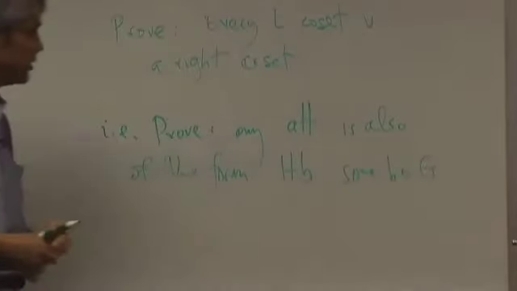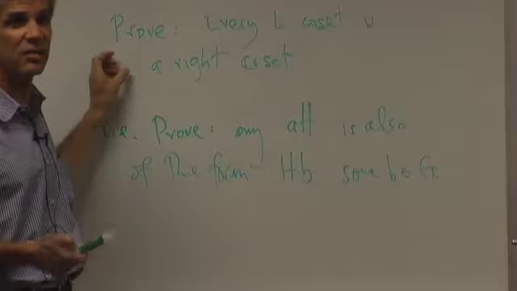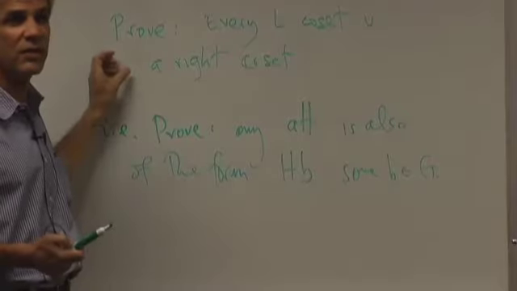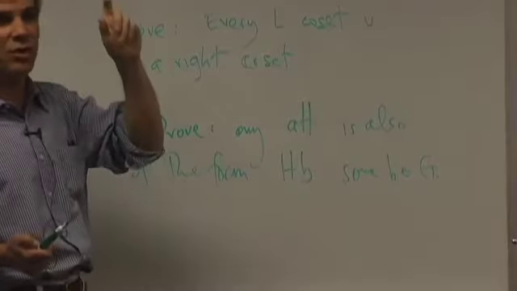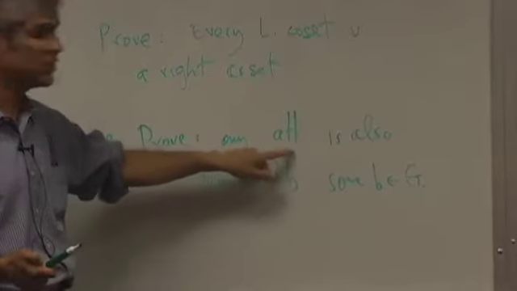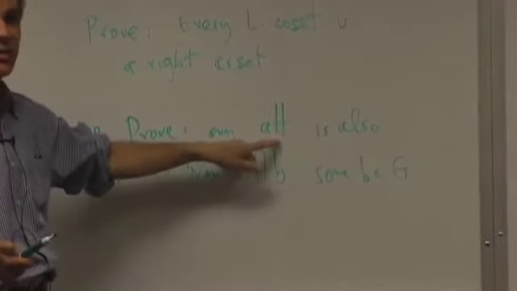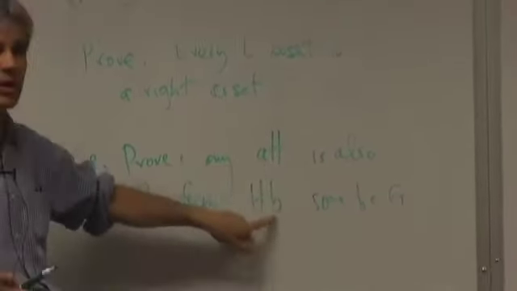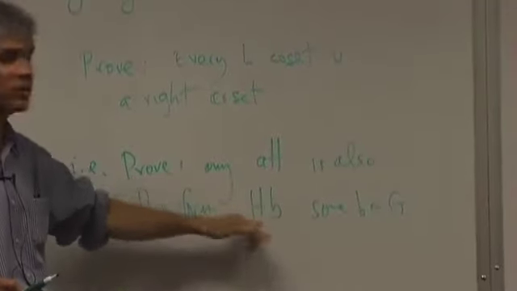In other words, all you have to do is prove that AH is HB. So there's nothing explicit in the statement that you're trying to prove that says that you're required to prove that this left coset is the same as the right coset generated by the same element you started with. This really is all you're asked to prove.